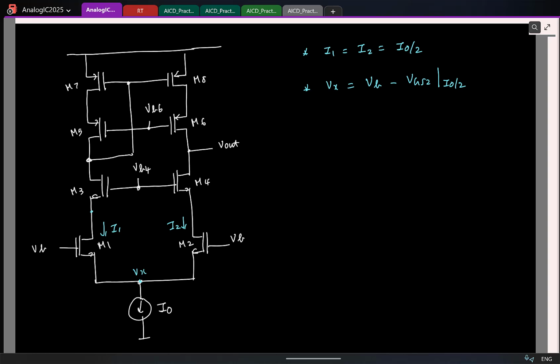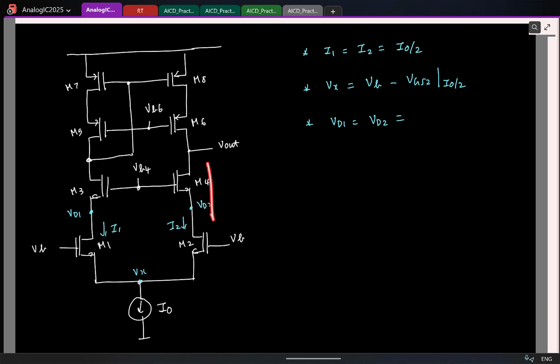So now let's look at these voltages. I'll call this VD1, VD2. Once again, you can show that these two voltages have to be equal. That is the only consistent solution. But what is determining this voltage here? How is VB4 fixing this voltage?